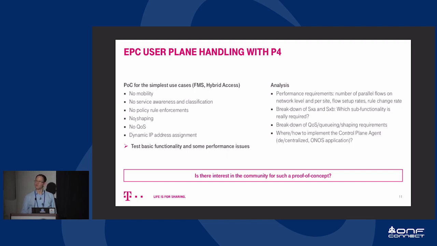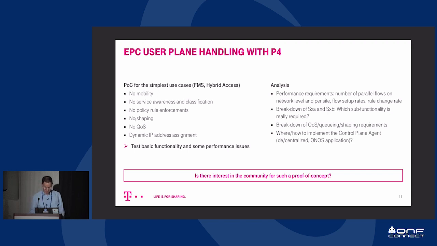So we were just thinking that from the perspective of a reduced set of requirements, enough to drive the fixed mobile substitution use case, you might have a good starting point to do basic functionality and performance testing and analysis. So a number of questions would be certainly relevant around performance, how much sub-functionality would be needed for the CUPS interfaces.